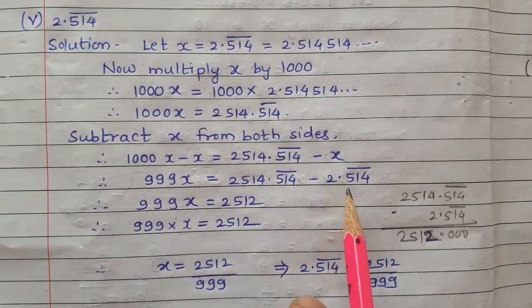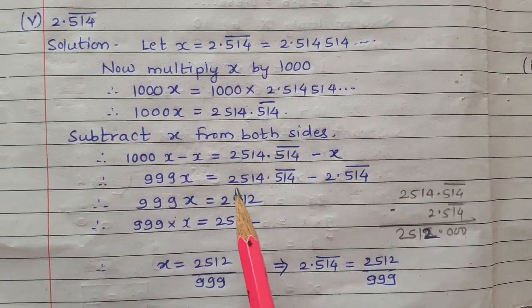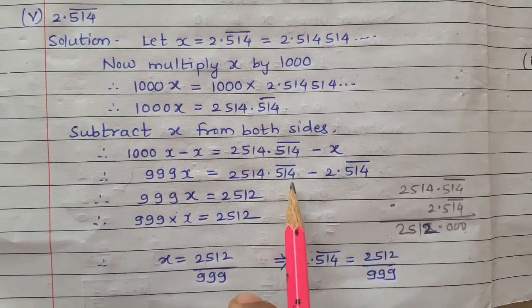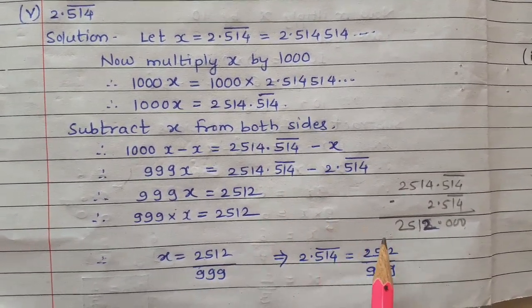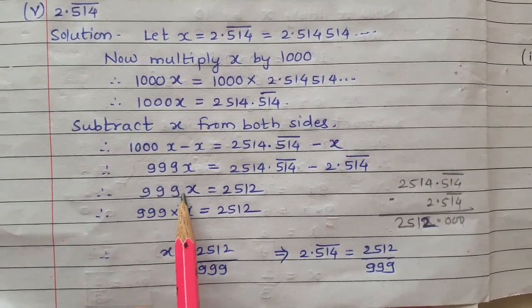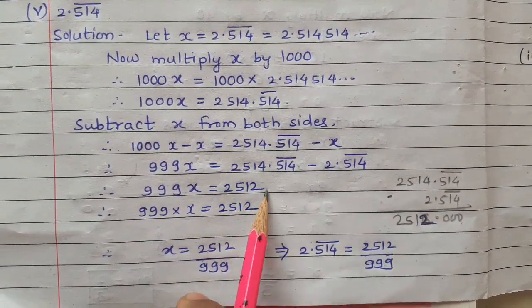Now subtract 2.514 bar over 514 from 2514.514 bar over 514. Then we have 2512. Therefore 999x is equal to 2512.